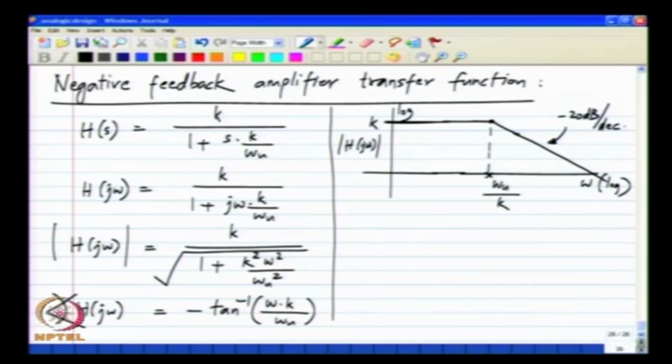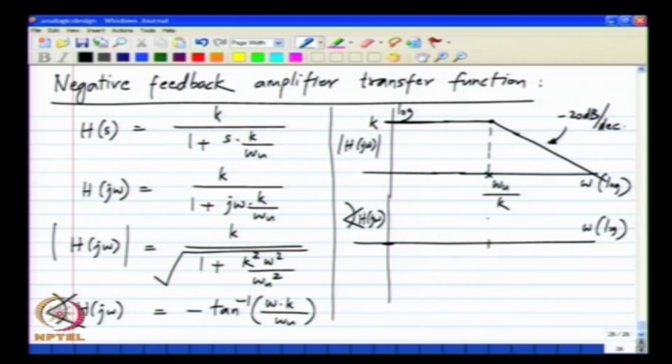So, now for the phase response. The phase is nothing but minus tan inverse omega times k by omega u. Now, clearly for very small values of omega we have almost 0 phase. So, it starts with 0 phase.